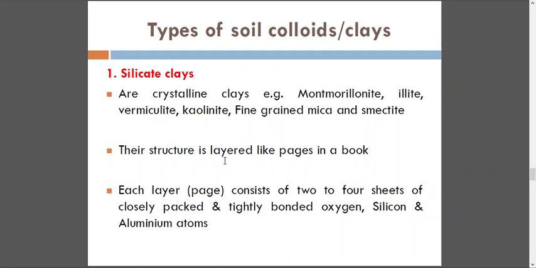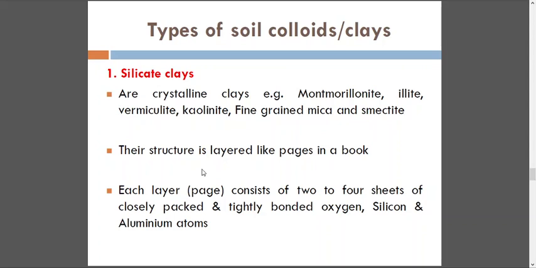So if we look at the clay or the inorganic soil colloids, we start with the silicate clays, which we said can be crystalline or non-crystalline in nature. But we will start with those that are crystalline in nature. The examples are montmorillonite, illite, vermiculite, kaolinite, fine-grained mica, and smectite.